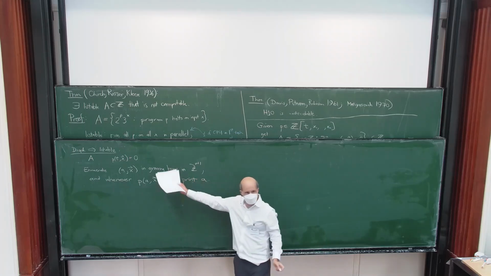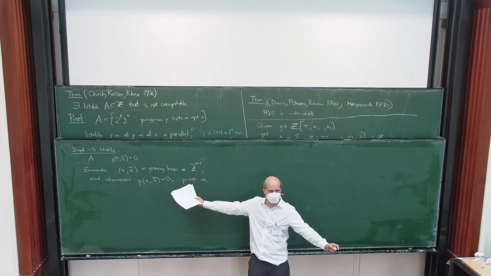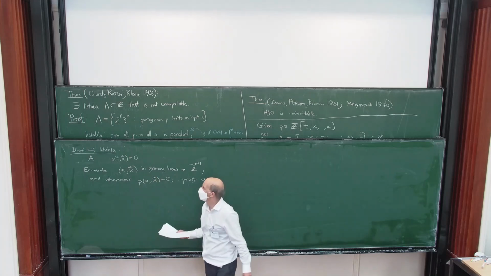If you let this run forever, it'll eventually print out all the good values of the parameter for which there is a solution, and therefore the set A is listable.